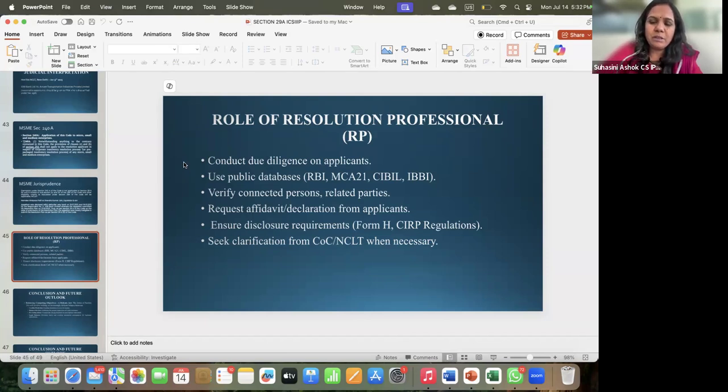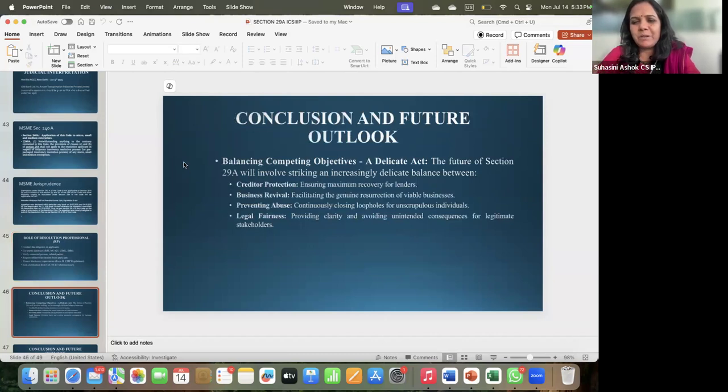Even regarding associate companies and connected persons, there are usually 1 or 2 tools where you put in the name of the person or PAN number, because in MCA the DIN and PAN are interlinked. So if you put the person's PAN number or DIN number in that search tool, you will get wherever he is related as a director or in an LLP. And even with this tool, you will get the case details.